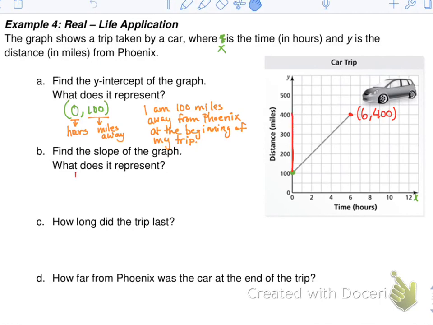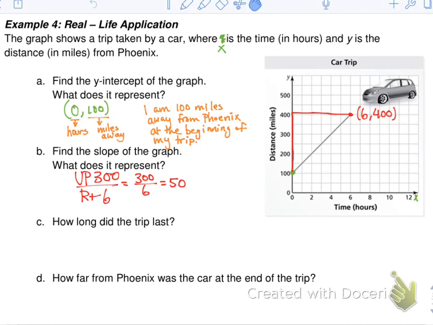So up 300, and then right, so 2, 4, 6. So right 6. So that's positive 300 over positive 6. Can this simplify? Yeah, this simplifies to 50. Now, my slope is 50.